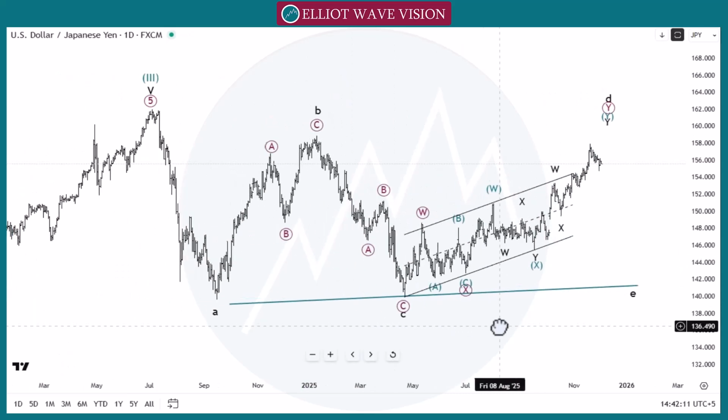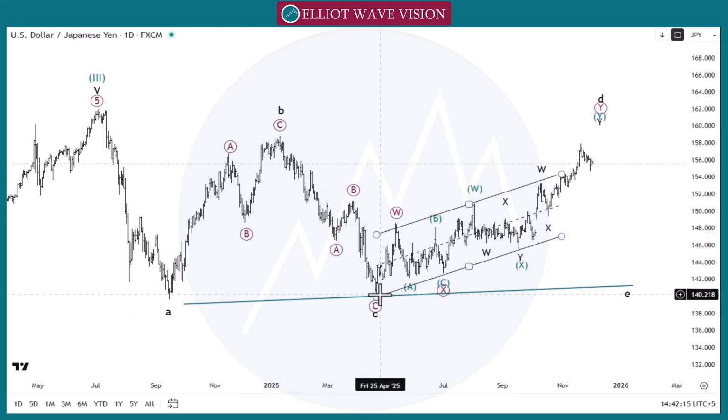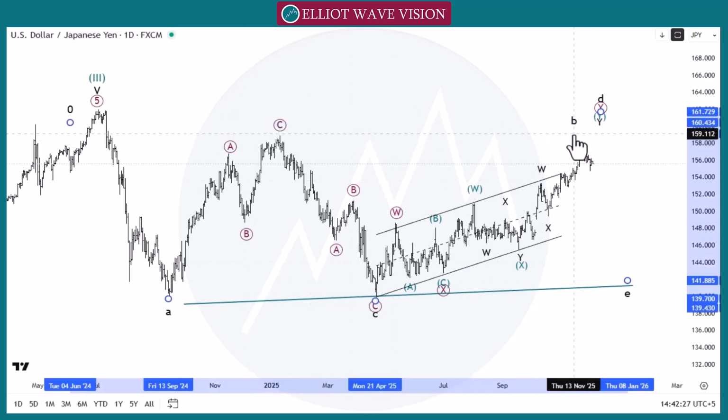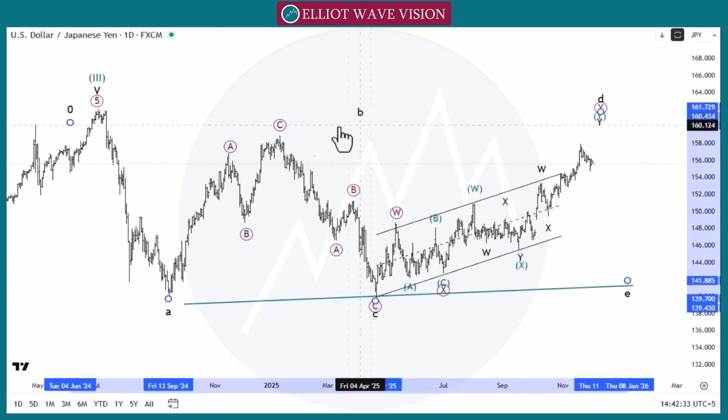Now this wave 4 may behave like A, B, C, D, E as a triangle. The market did not cross this leg. Or it's possible we count this move like A, B and C as a black wave B. That's also possible here. We count this move like A, B and C simply.